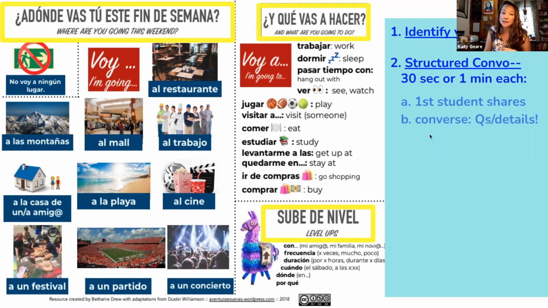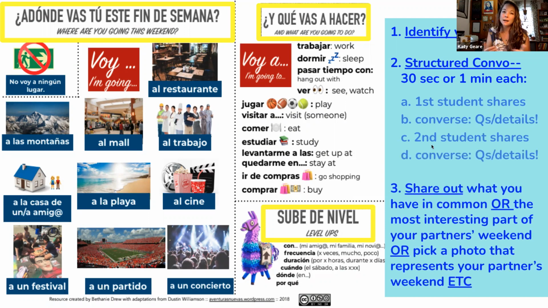Then I give them 30 seconds to ask questions, make comments, connect with their partner. And then the next person gives their monologue. And then finally, they have their last round of conversation. After that conversation, I have them share out, hey, what's one thing that you guys have in common? Or, pick a picture that represents your partner's weekend or something like that.